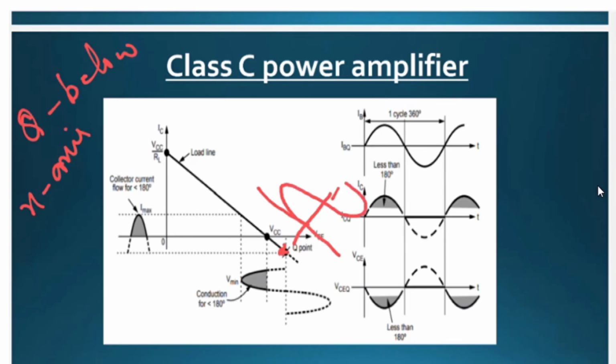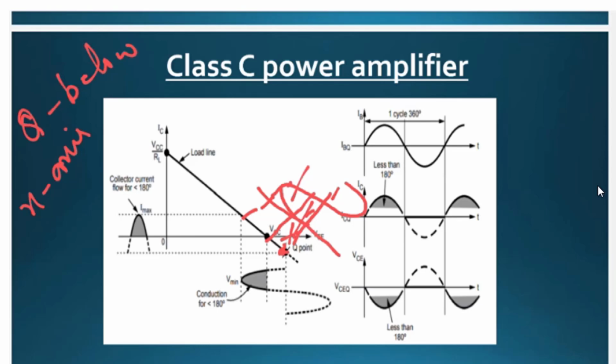Now if you extend this, this is the positive half cycle. Only this part of the positive half cycle is aligned with the DC load line. This portion is not aligned with the DC load line.